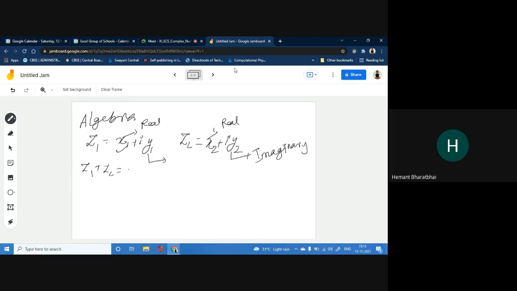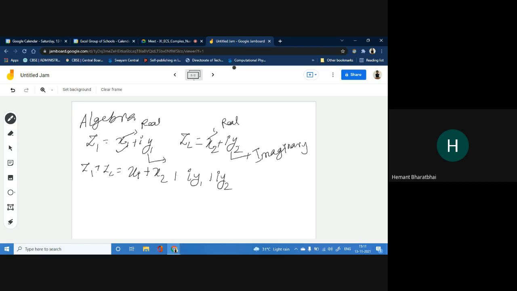So if I want to add two complex numbers, I will add real part with real part, and I will add imaginary part with the imaginary part.